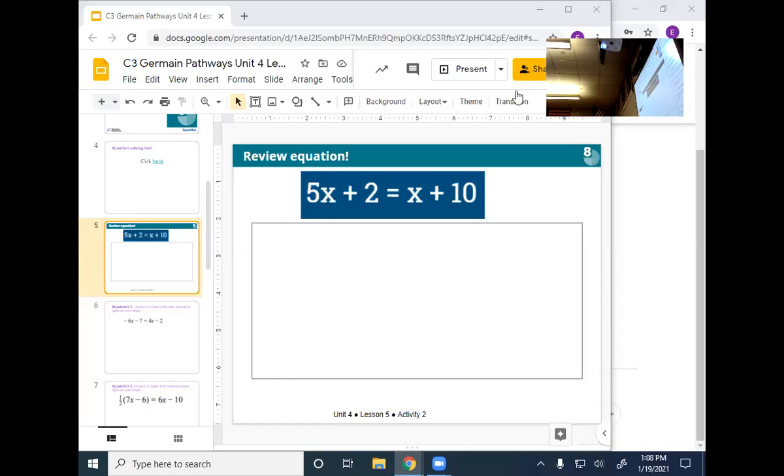Okay. So, my question to Brandon. Anything at all, what do you notice about this equation right here? What do you notice? What do you think?